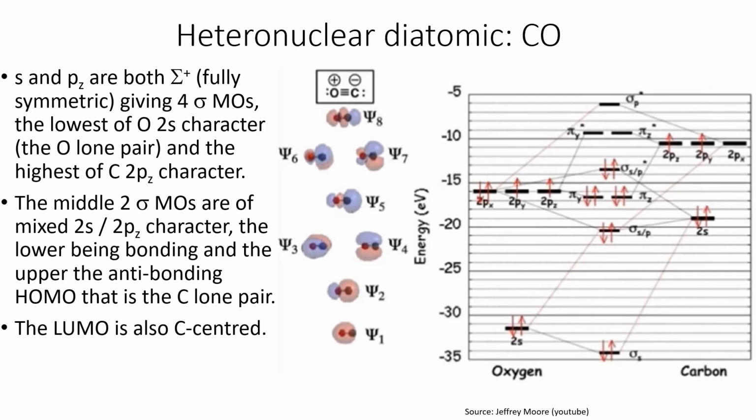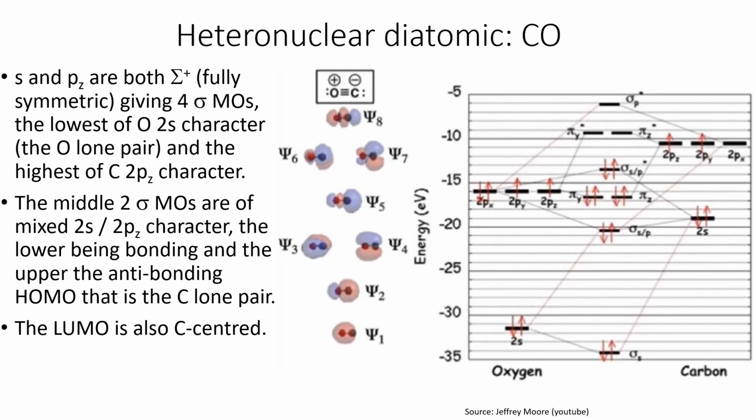And this is the key to how carbon monoxide can be such an effective ligand, because it's going to be carbon coordinating. The carbon's going to bond to the transition metal. It provides the lone pair, which is going to form the covalent bond with the transition metal, but the carbon also is equipped with the vacant pi star LUMO orbitals, and this can do the back bonding.